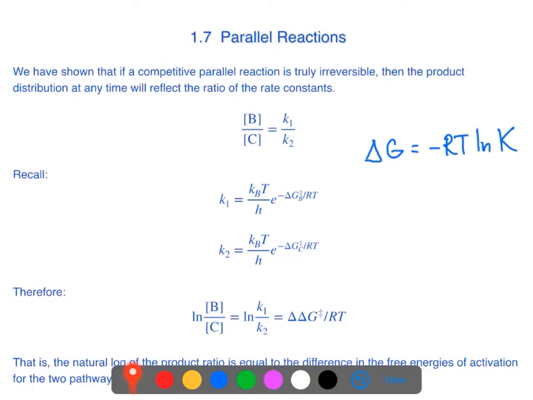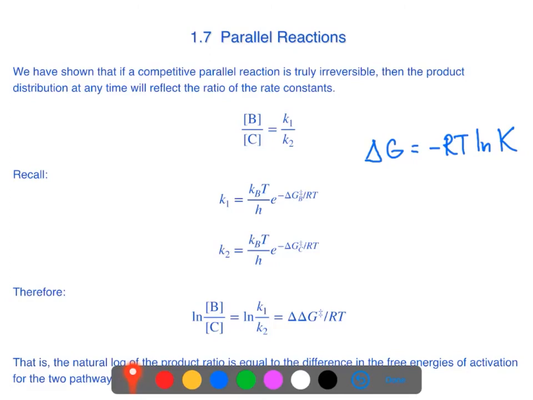So take it as a given for now that the rate constant for each path, k1 and k2, can be described and related to their free energy of activation. So the energy required to overcome that barrier, the difference in energy between the reactant and the transition state, will be relative to and proportional to the rate constant in each path.